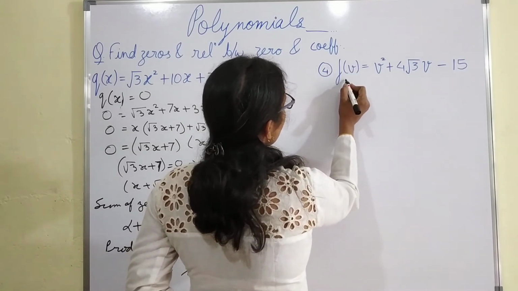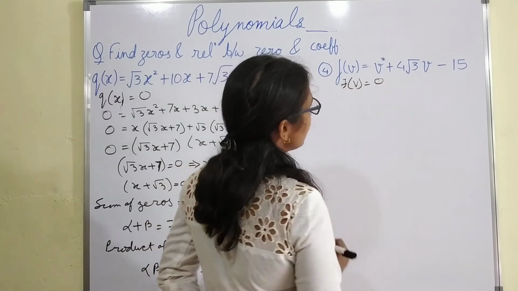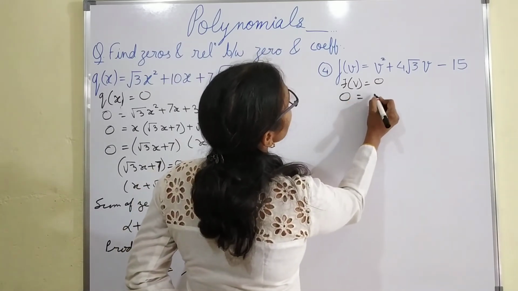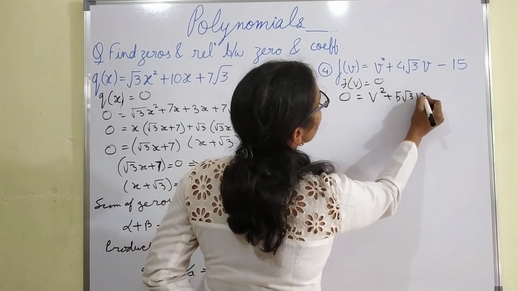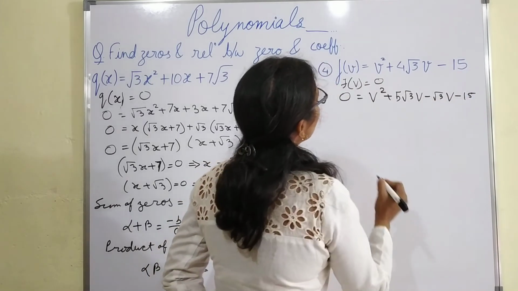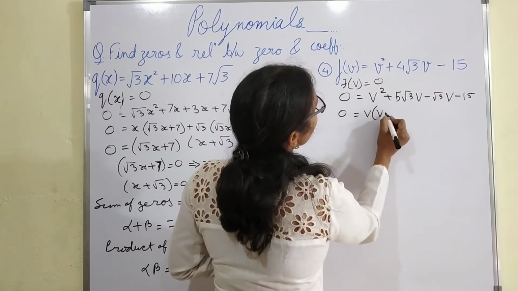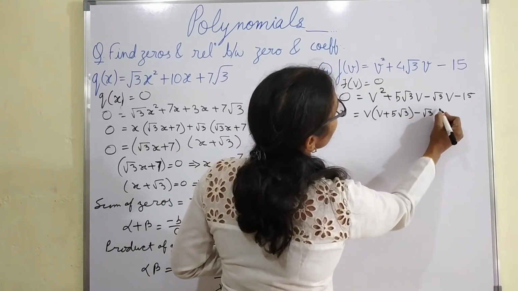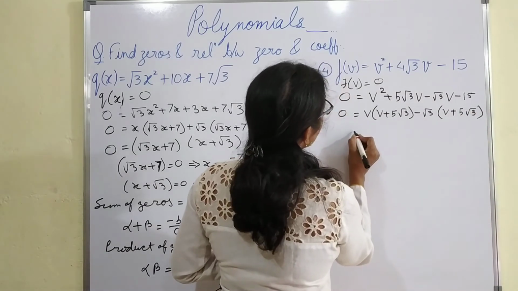Okay. Now next is f of v equals v square plus 4 root 3 v minus 15. So f of v equals 0. Okay. So it will be 0 equals v square plus 5 root 3 v minus root 3 v minus 15. So v into v plus 5 root 3 minus root 3 into v plus 5 root 3.